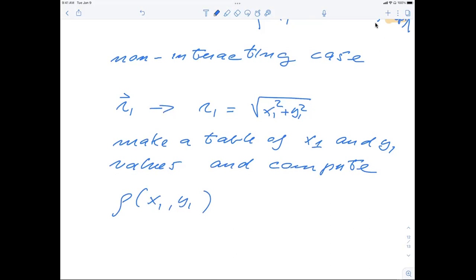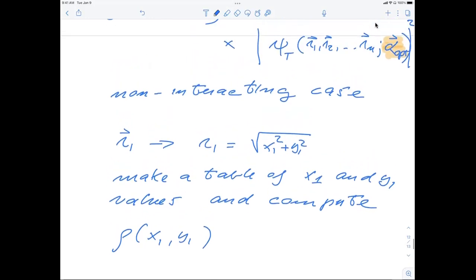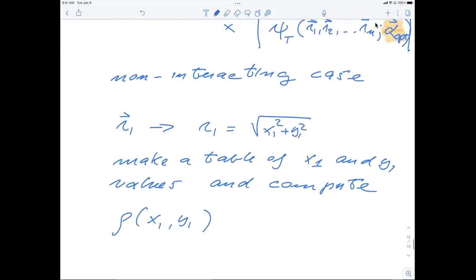So you would fix x1 and y1, so you can make a table here. You could think of having 10 points for x and 10 points for y. They could be equal, doesn't matter. So you could have a quadratic grid for x1 and y1. And then when you have these x1s and y1s, that would clearly give you rho of r1, where you're plotting the absolute value of r1.